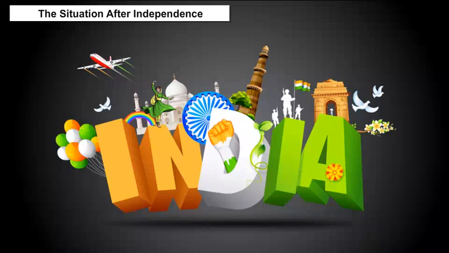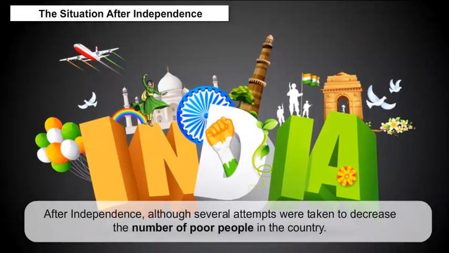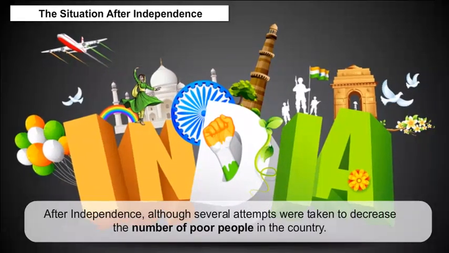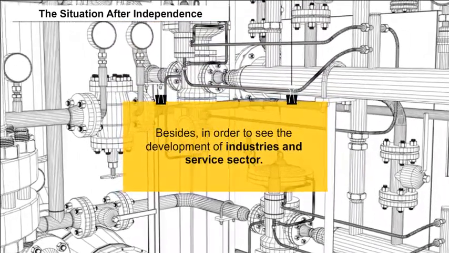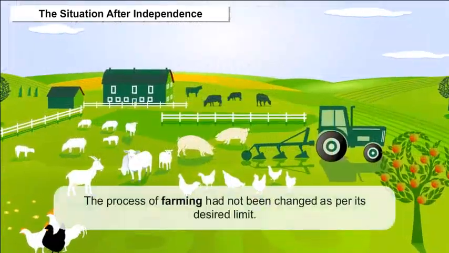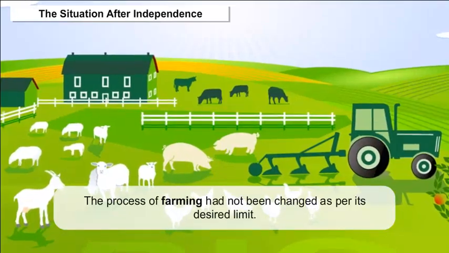The situation after independence. After independence, several attempts were made to decrease the number of poor people in the country. Besides, in order to develop the industries and service sector, the process of farming had not been changed as per its desired limit.